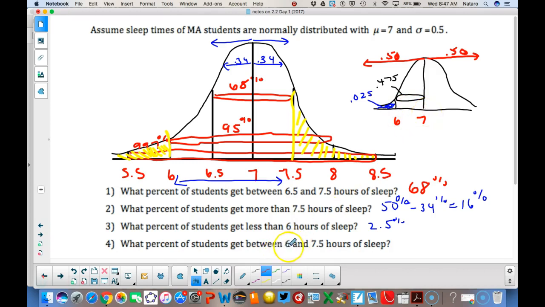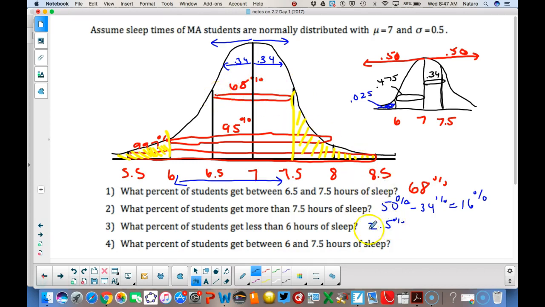But the question is, what percent of students got between 6 and 7.5 hours of sleep? So I need to go out here to the right of 7 to 7.5. And remember, 7.5 was 1 standard deviation to the right. And so this is going to represent 34%, I should say, not 16%, because we know that 68% of the normal distribution is within 1 standard deviation, 34% between the mean and 1 standard deviation to the right, 34% between the mean and 1 standard deviation to the left.